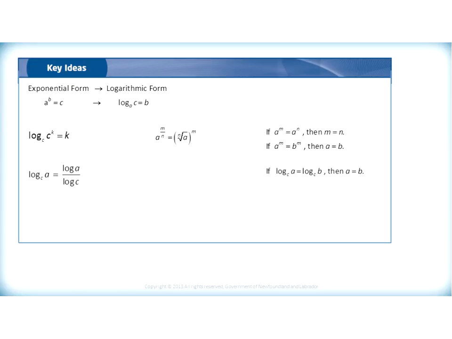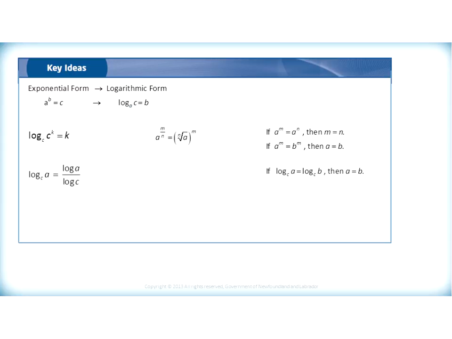These are just a couple of the properties that we use throughout this presentation. Converting from exponential form to logarithmic form is always useful in evaluating a simple logarithmic expression or equation. If a to the power of b equals c, then the log of c to base a is equal to b.